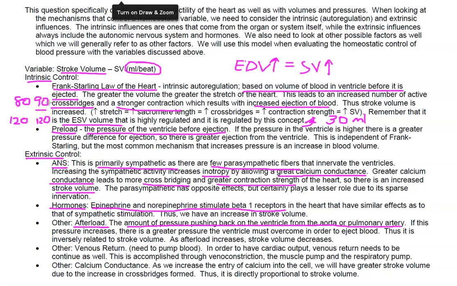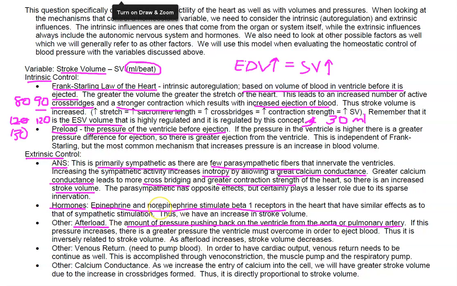I didn't really do a good job explaining preload. If we increase preload, we would increase the pressure of the ventricle. So let's say it's 130, and that again would give us a bigger difference. So it's the pressure difference that really determines blood flow. So if I have to overcome a greater pressure, then my stroke volume goes down.